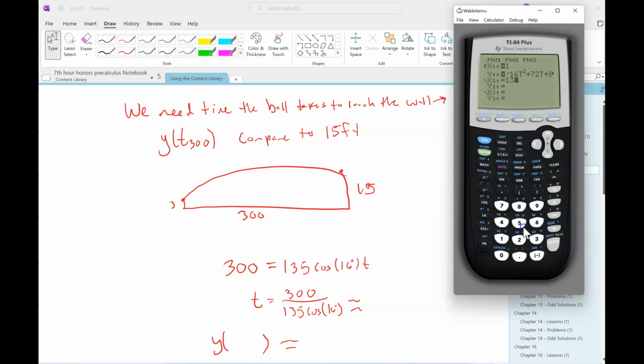So I have 135 cosine 16t as my x equation, and then negative 16t squared plus 135 sine 16t plus 3. I guess turn this off. Okay. We'll reset our window.